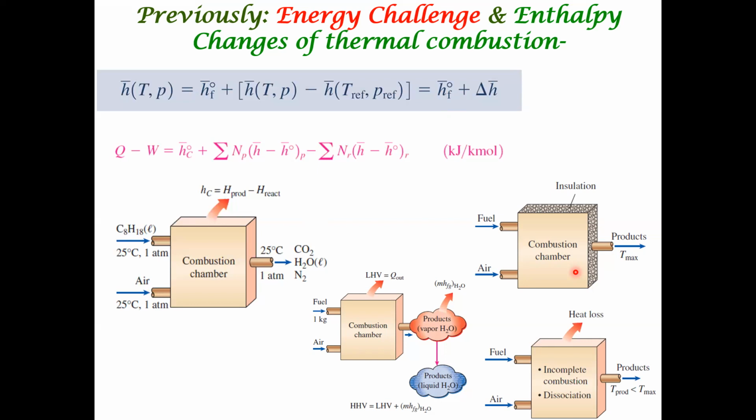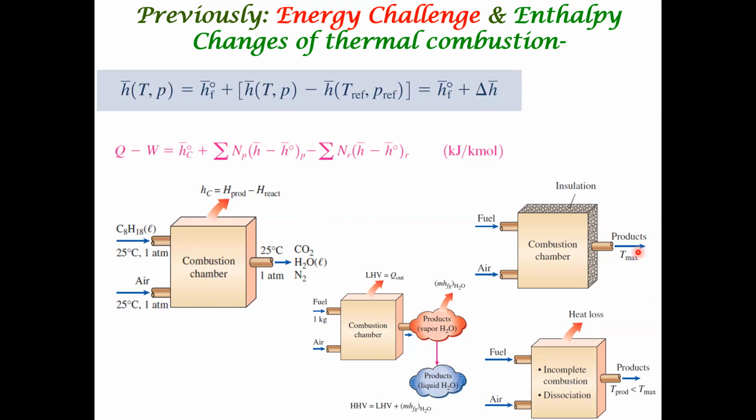So stoichiometric conversion of the fuel into completely oxidized product is not possible. So you have incomplete combustion, or you may also have heat loss. Okay, so the condition might not be entirely adiabatic, or the products of combustion can also dissociate. We may form free radicals and so on. Okay, so all these things decrease the temperature of the products that can be formed. So it's not at the maximum temperature. So all these things we covered in the last lecture.